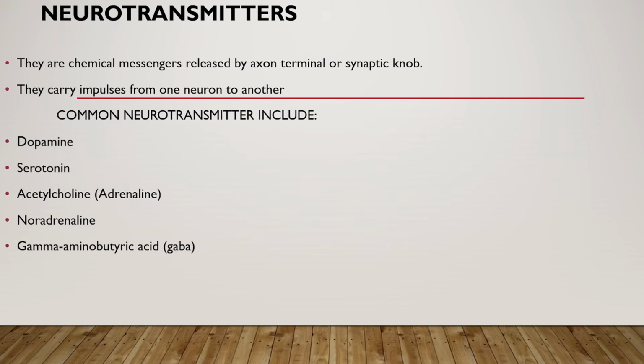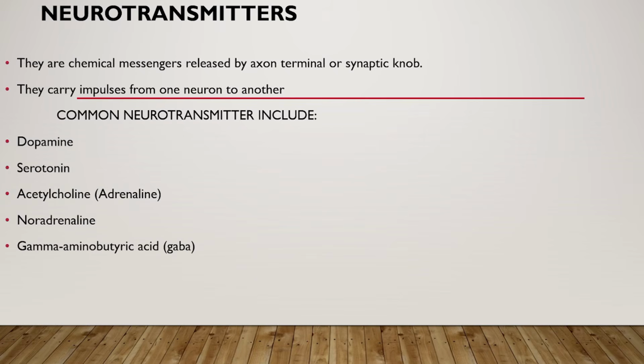Now, there are chemical messengers that are released by the axon terminal or the synaptic knob into the synaptic cleft. These chemical messengers are known as neurotransmitters.